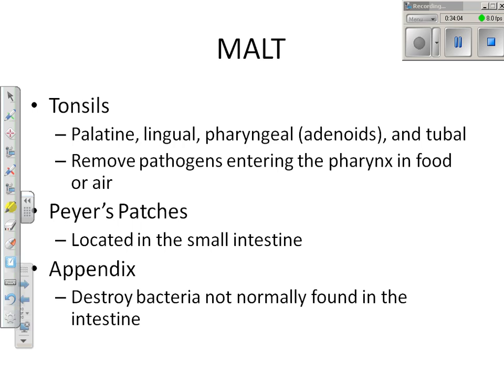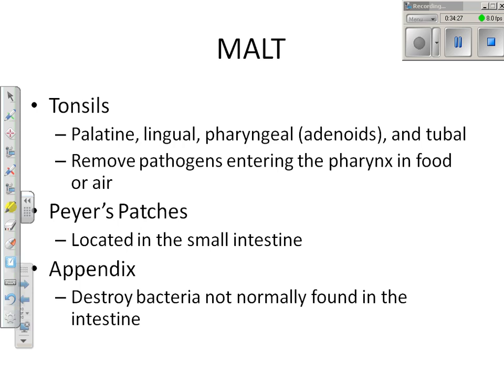And you have the palatine tonsils, the lingual tonsils, the pharyngeal tonsils, which is what you refer to as your adenoids, and your tubal tonsils. They remove pathogens entering the pharynx in food and air, as I mentioned earlier. So they're the first that you come in contact with. So they're kind of important.